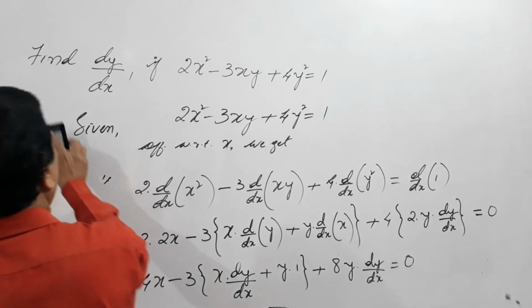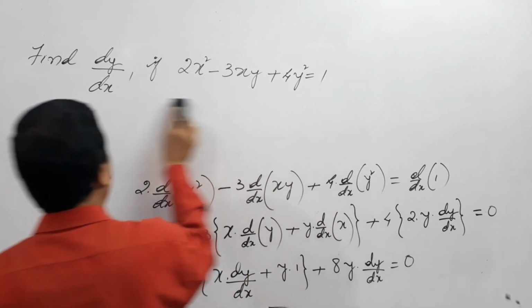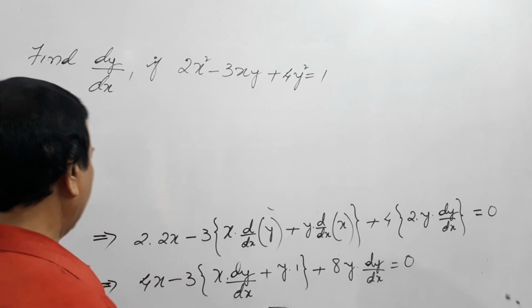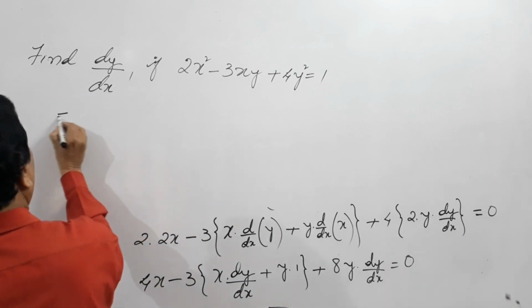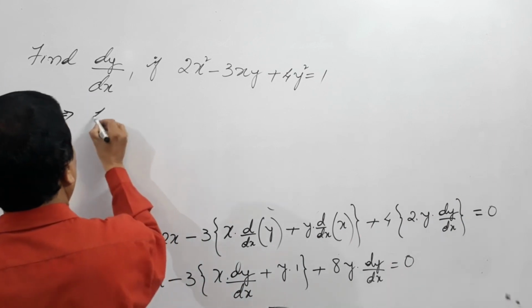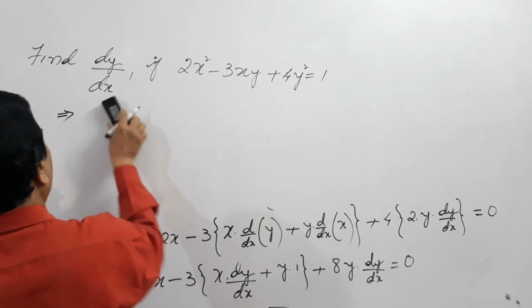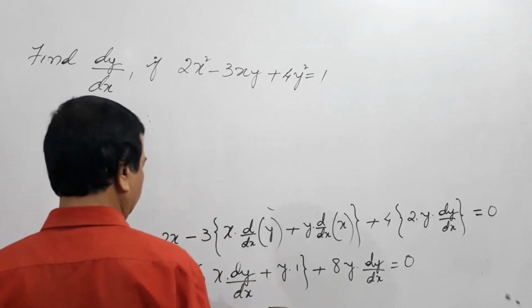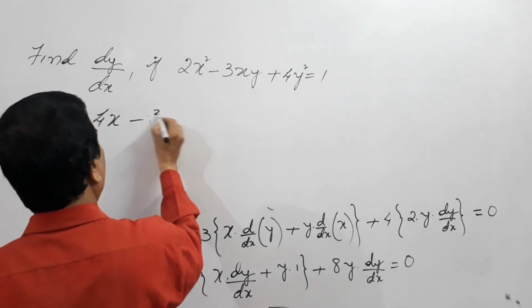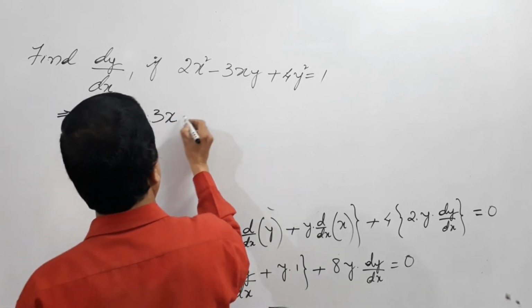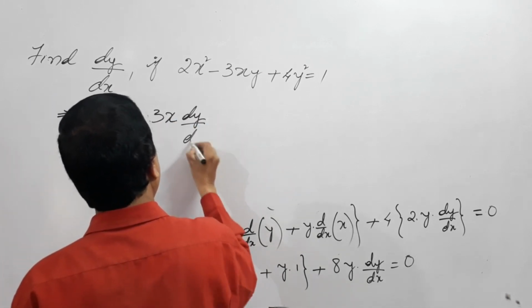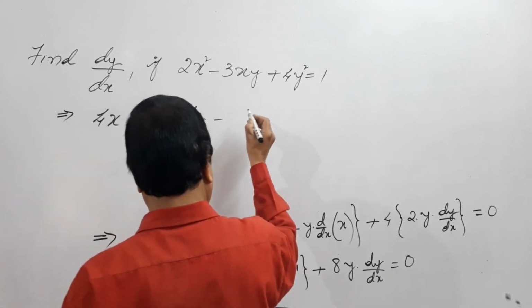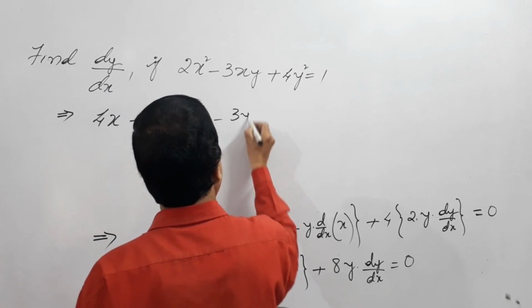Let's simplify this. This is 4x minus 3x into dy by dx minus 3y.